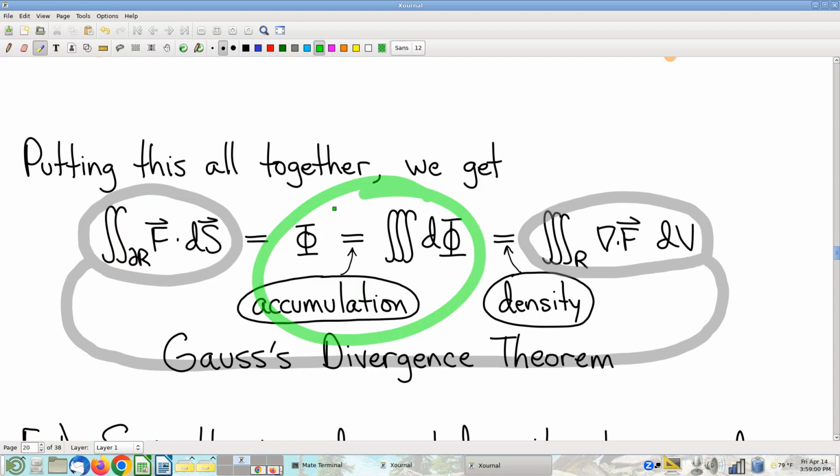The whole is the sum of the parts. The boundary flux on a whole solid is the sum over all of the pieces of the boundary fluxes on those individual little pieces. And again, that's just chop it up, add it up. The whole is the sum of the parts. That's what it means to be an accumulating quantity, which boundary flux is.